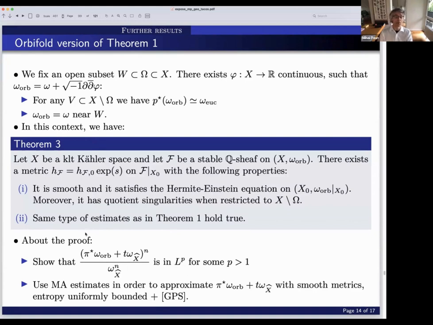So modulo this additional difficulty, the recent progress in Monge-Ampère equations allows us to basically follow the same sort of proof. It's really very impressive, the result these guys did.